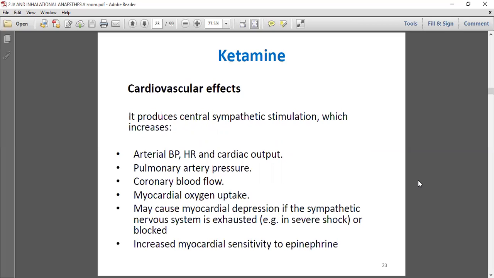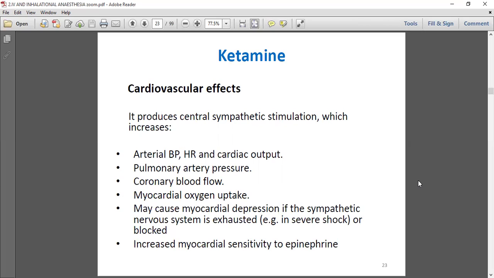It can also cause increased myocardial sensitivity to epinephrine, of which you guys discussed the effects of epinephrine on the myocardium, right? Okay, let me tell you.